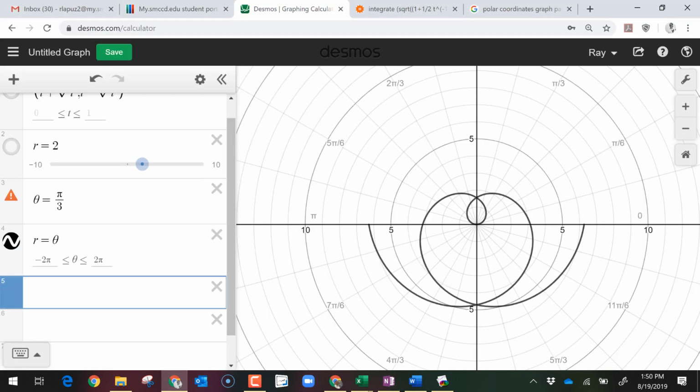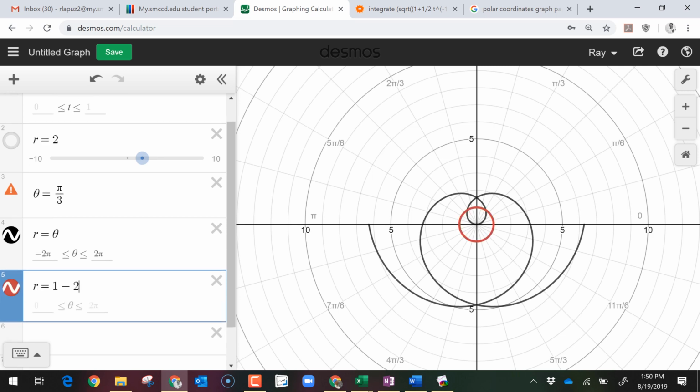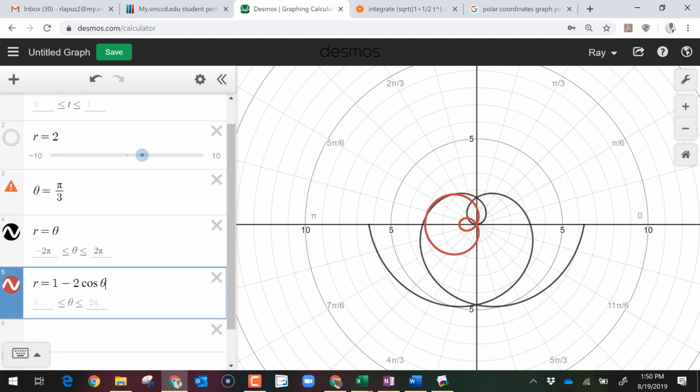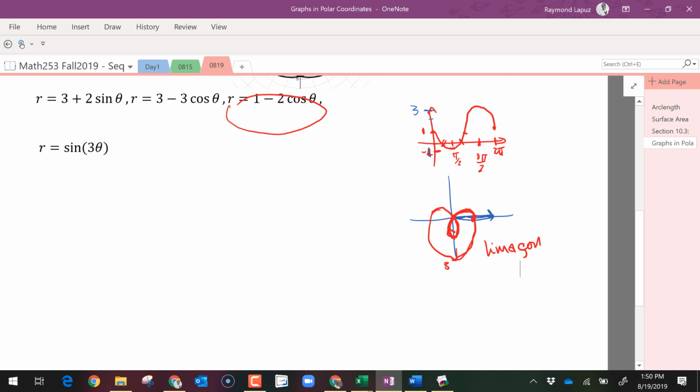So if we take a look at those graphs, R equals, what was that? 1 minus 2 cosine theta. Oh, it's sideways, sorry. Is that right? Yeah. What did I do wrong? This graph?